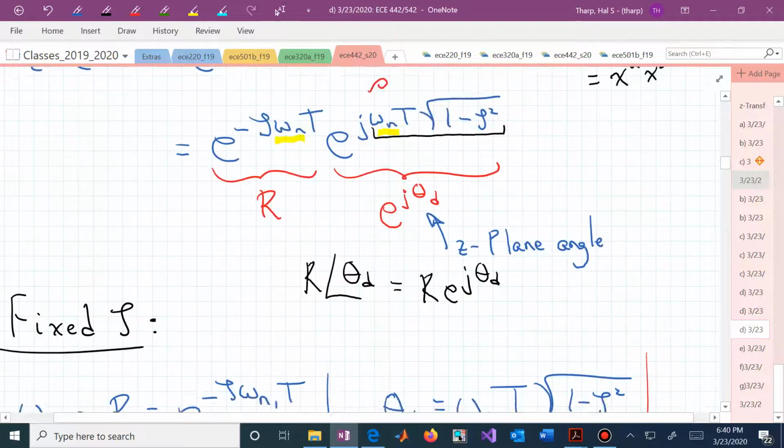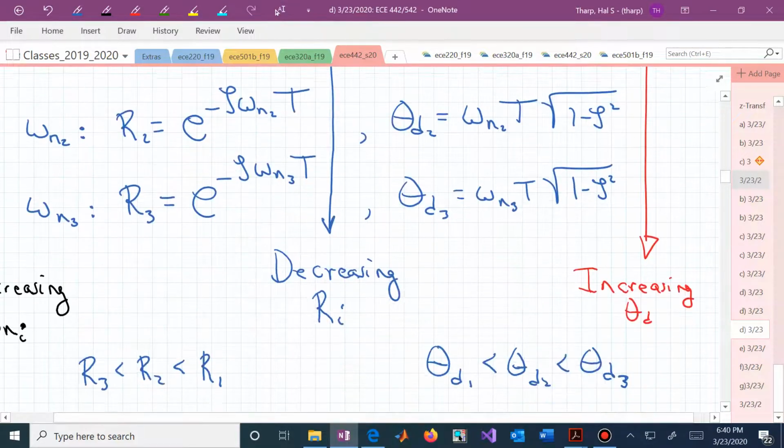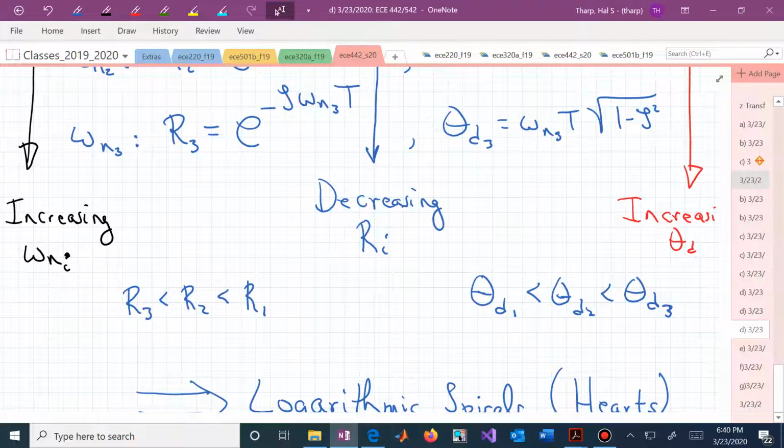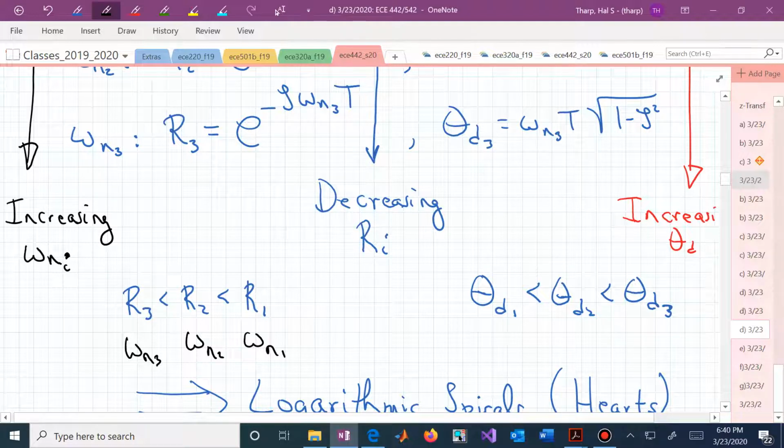So hopefully you can see that as we are increasing omega sub n, here is omega sub n 1, here's omega sub n 2, and here's omega sub n 3. But we said that these are getting bigger from right to left. Conversely, here's omega sub n 1, here's omega sub n 2, here's omega sub n 3, and those are getting bigger as you go from left to right.